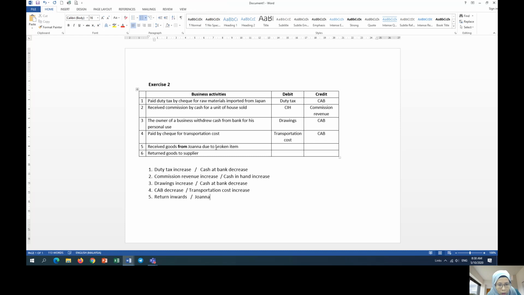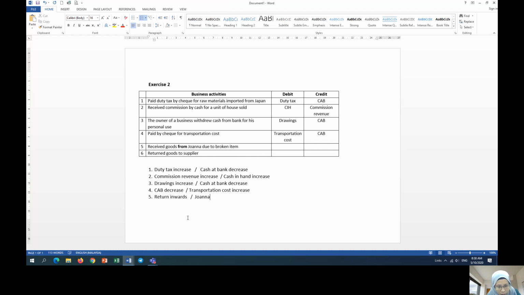So the return of goods from Joanna to us also means that Joanna's debt to us has been reduced by that amount of return. Pemulangan barang oleh Joanna kepada kita telah menyebabkan hutang Joanna berkurangan pada nilai barang yang dipulangkan tersebut.